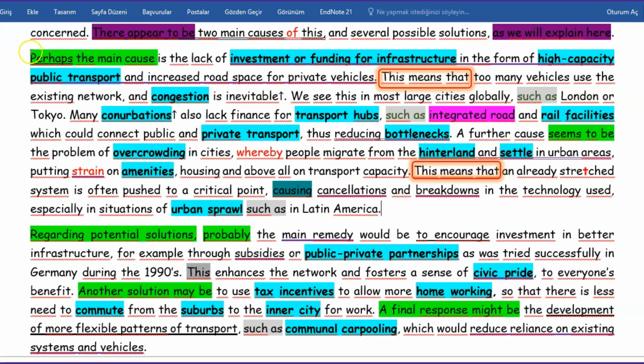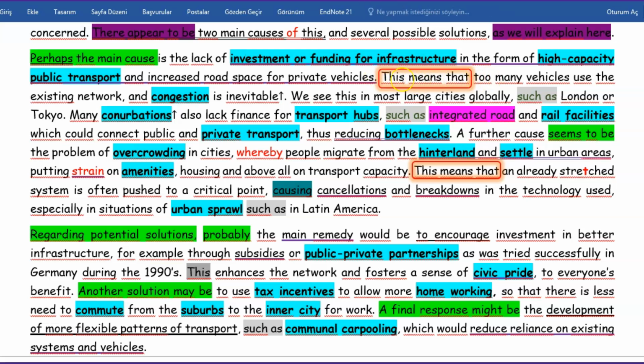In a cause and effect or problem and solution essay, you have to know that providing reasons for a cause is not going to be 100% certain. It's something that may happen. So there is some probability here. So the candidate used tentative language. A lack of investment and funding, and increased road space for private vehicles.